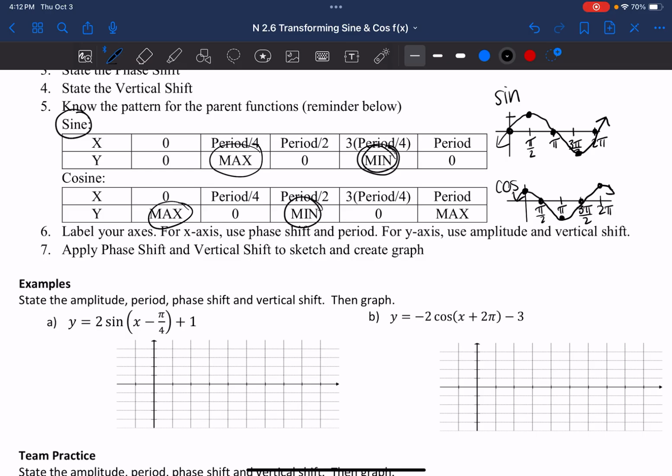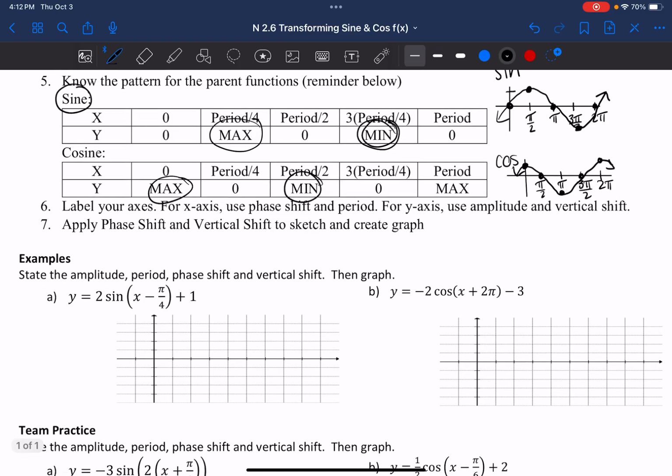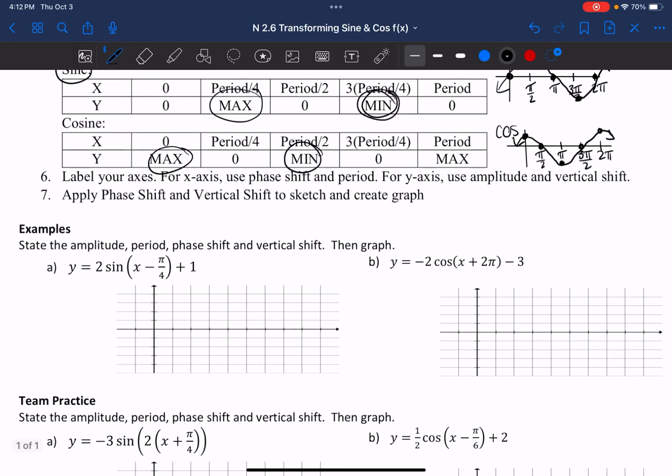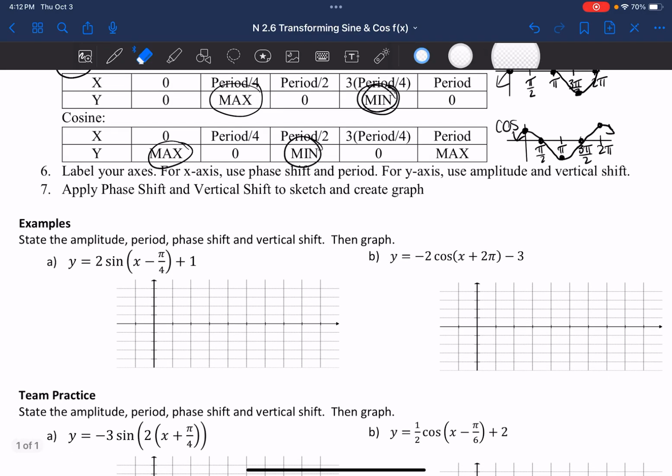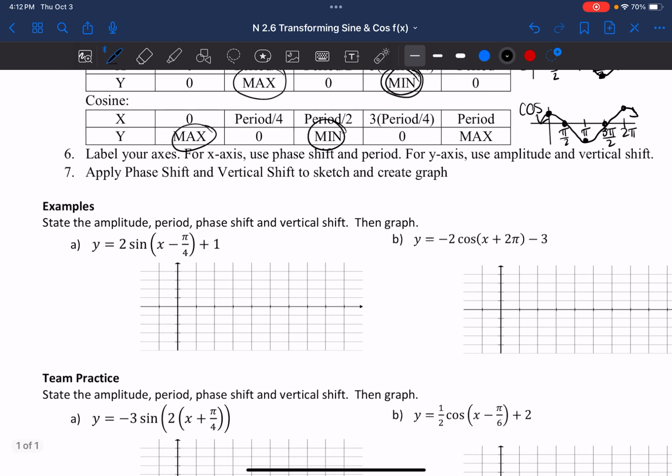And then you need to look at your left and right shift and your period to help you determine your horizontal increments of measure. All right, so for this first example, first thing I want to do is identify the transformations that we need to make.